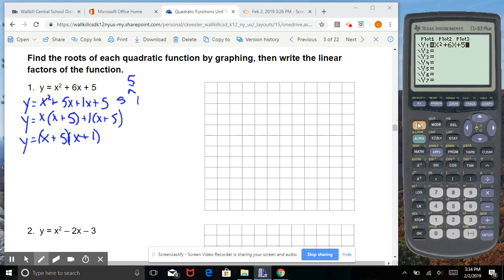Pull up the table, and we go up to -5, because if I were to solve those linear factors, I would have -5, and I see y is equal to 0 there. And like I said before, if I set the y as 0 and set those factors equal to 0 and solved, I would get -5.